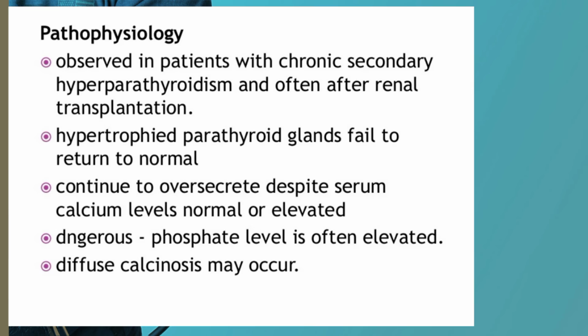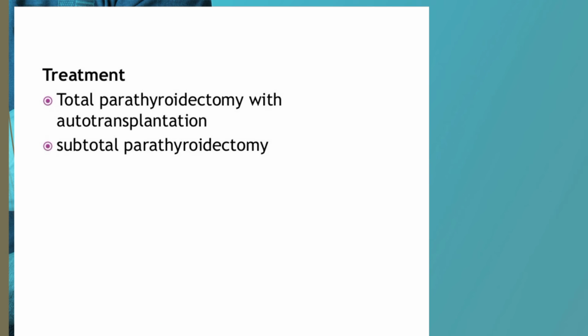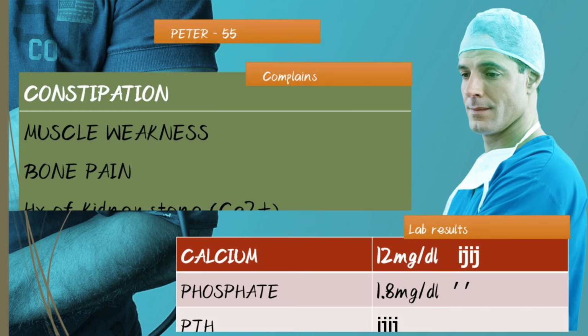There is continuous oversecretion of this hormone, which increases the blood calcium levels. For the treatment, ideally a total parathyroidectomy is supposed to be done, because now the glands are unable to maintain normal body homeostasis.